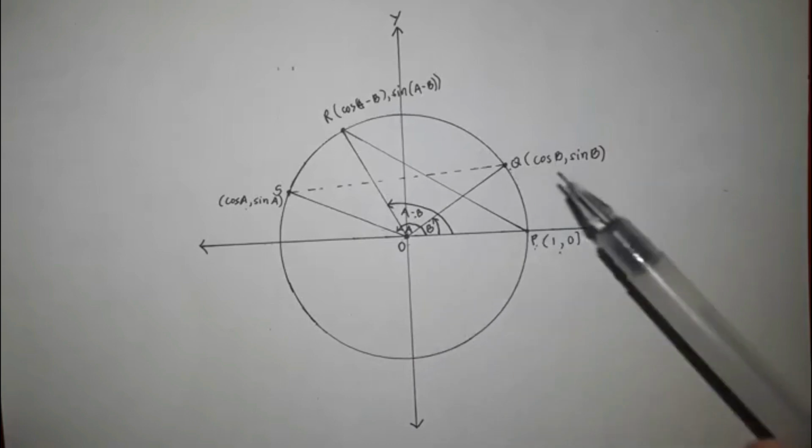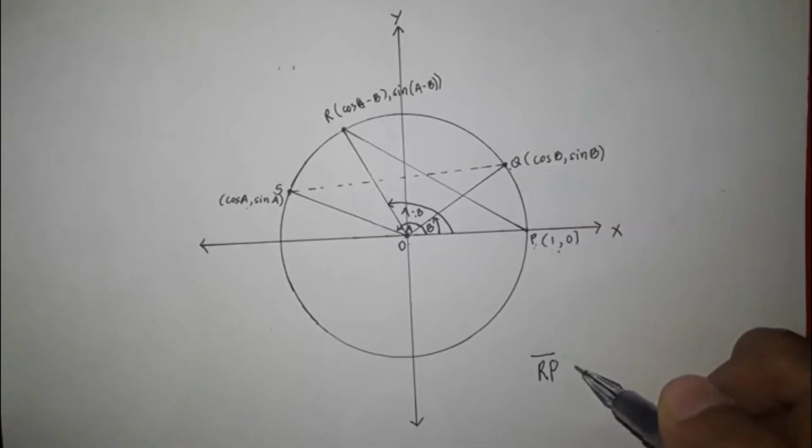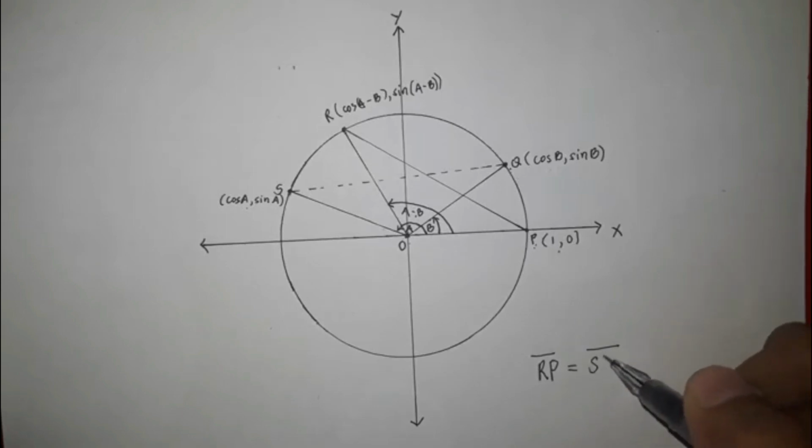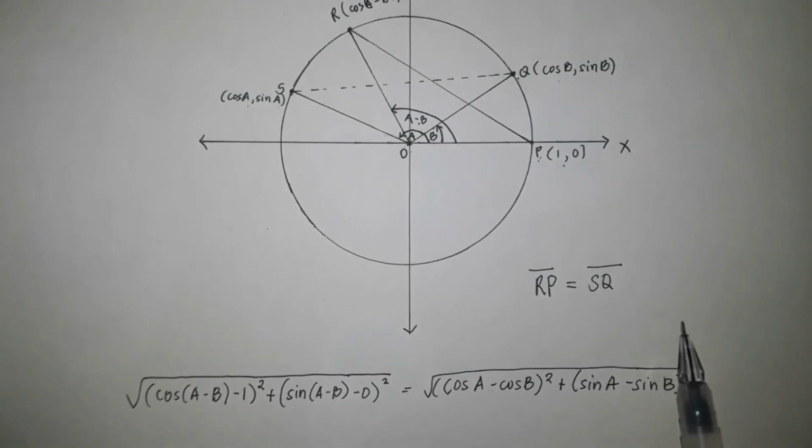So we know that chord RP is equal to chord SQ.